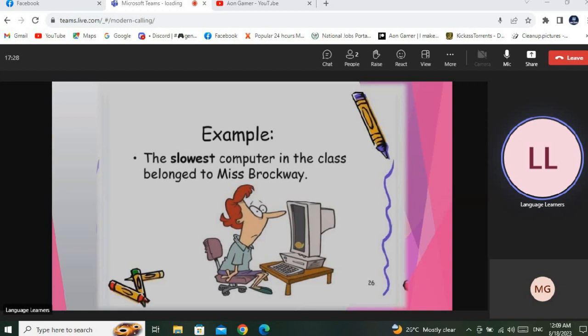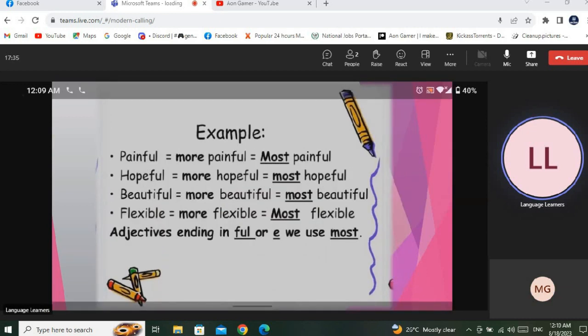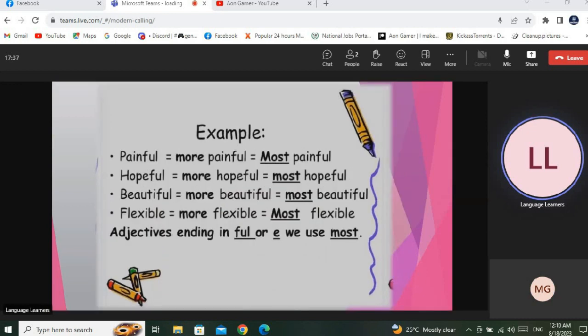Here, strongest, fastest, and most flexible are the three main words, as they have been highlighted as well. Pain, more painful, most painful. Hope, more hopeful, most hopeful. So this is how it goes.